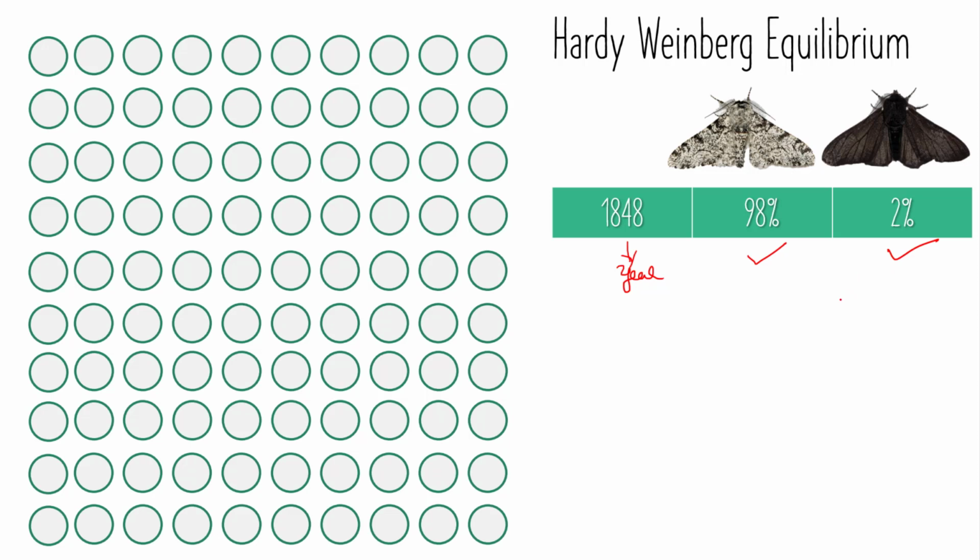So 98% of the population is light colored and 2% of the population is dark colored.